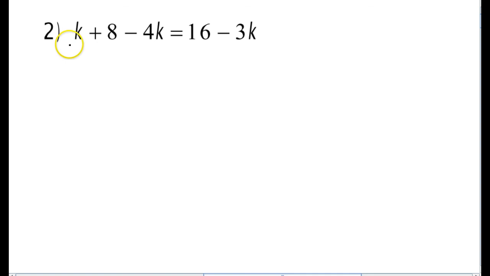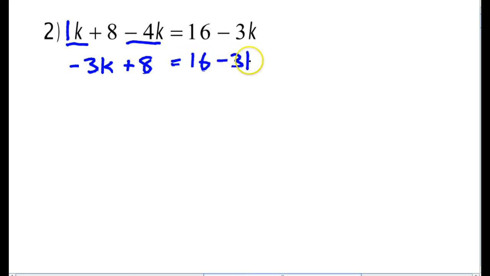Might have to do a little simplifying on the same side first. Like here, remember if they're on the same side, we'll go ahead and simplify that first. So it's 1 minus 4, negative 3k, plus 8. Variable on the right, cancel it out, positive 3k.